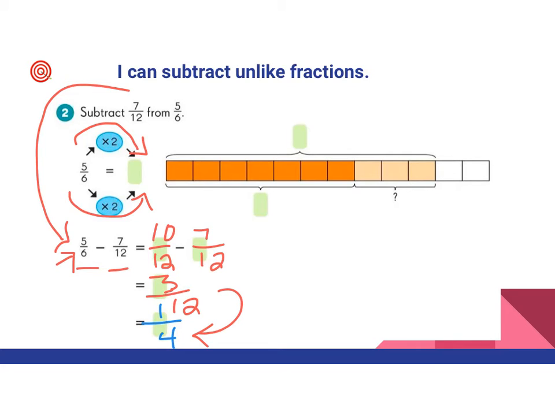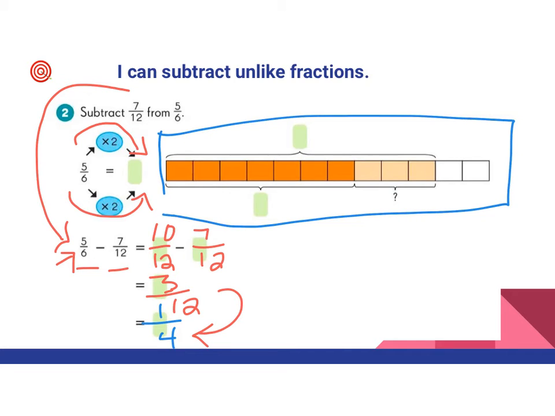So this whole bar is divided into 12 equal spaces. So notice not all of them are shaded in because I'm not working with a whole, I'm working with fractions. So we started with 10 of the 12, so this brace up here is showing 10/12. Then subtracting 7 of those 12ths would leave us with 3/12.